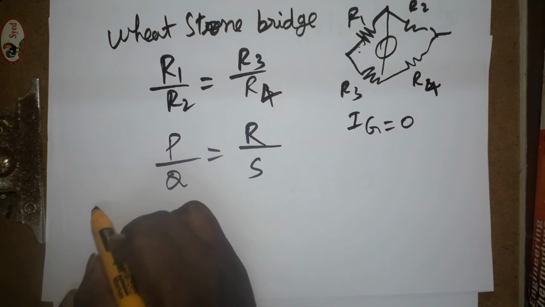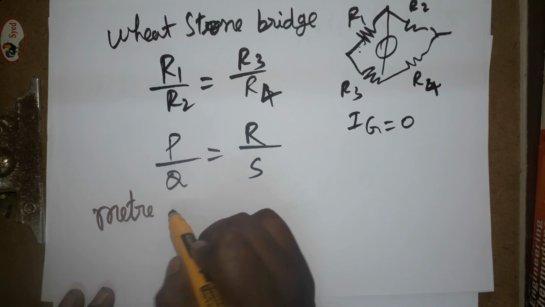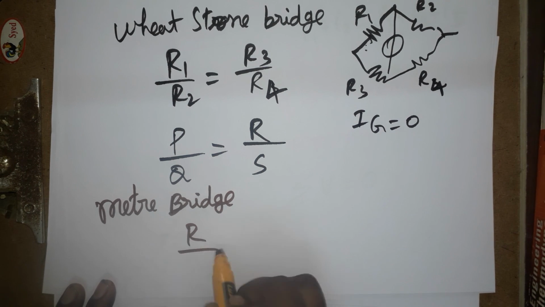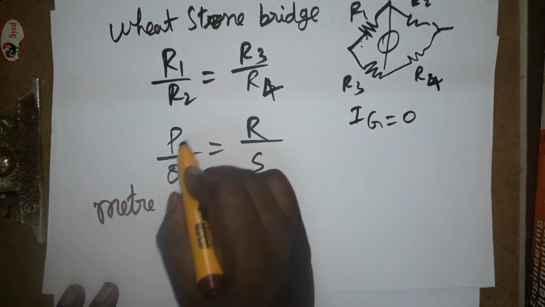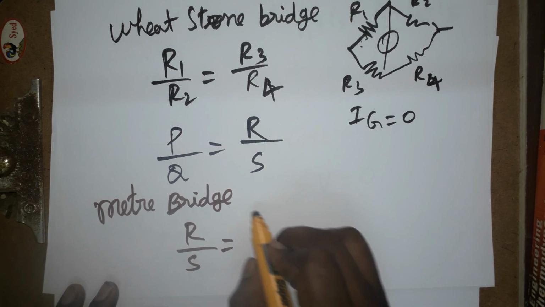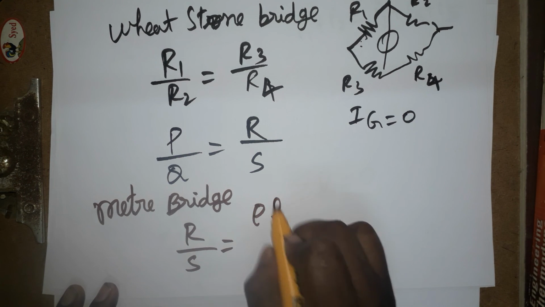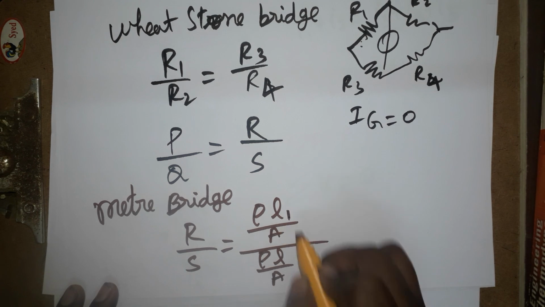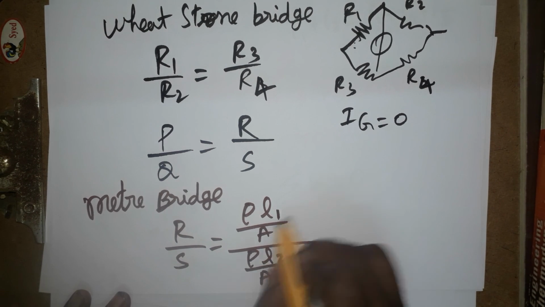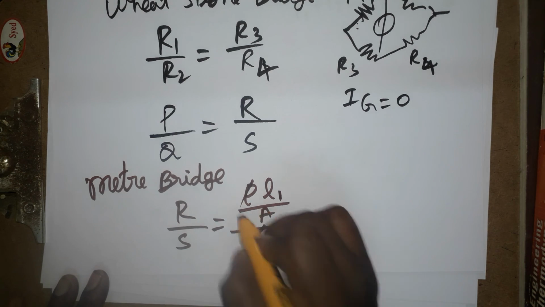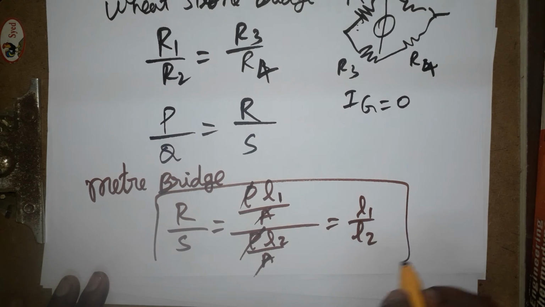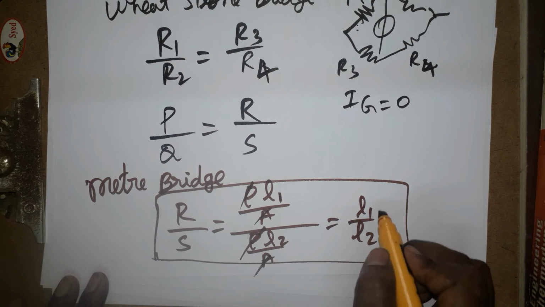The meter bridge works under the principle of the Wheatstone bridge. So for the meter bridge formula, it is the same: R by S equals P by Q. P is a resistance, so we can write resistivity times length by area. It is length L1 and length L2; only the length is varied, so cancelling everything gives L1 by L2. You already did this in the lab. So R by S is equal to L1 by L2.